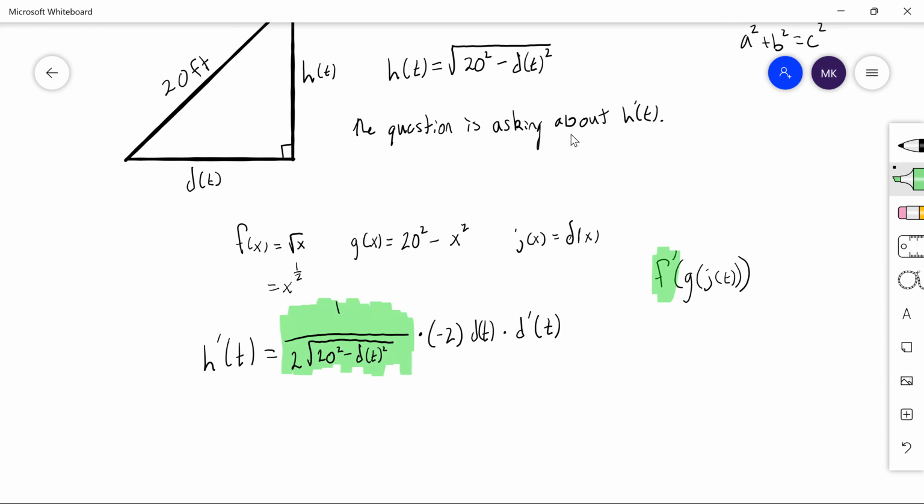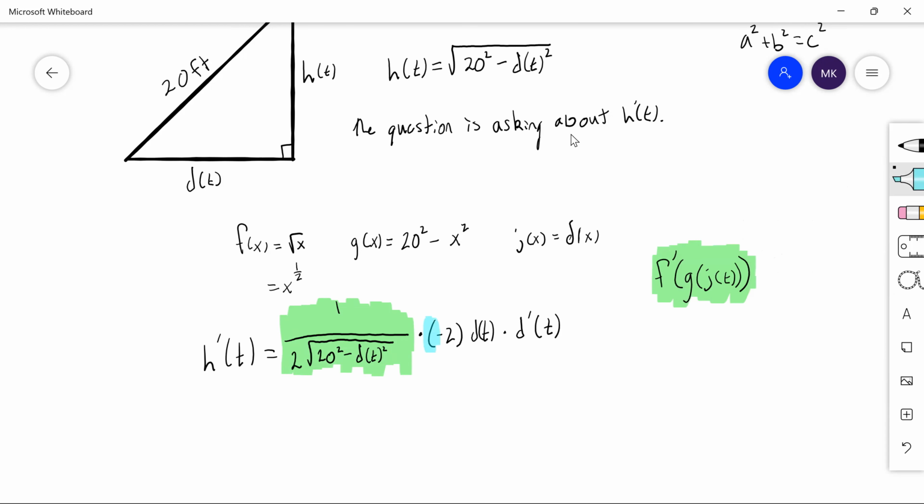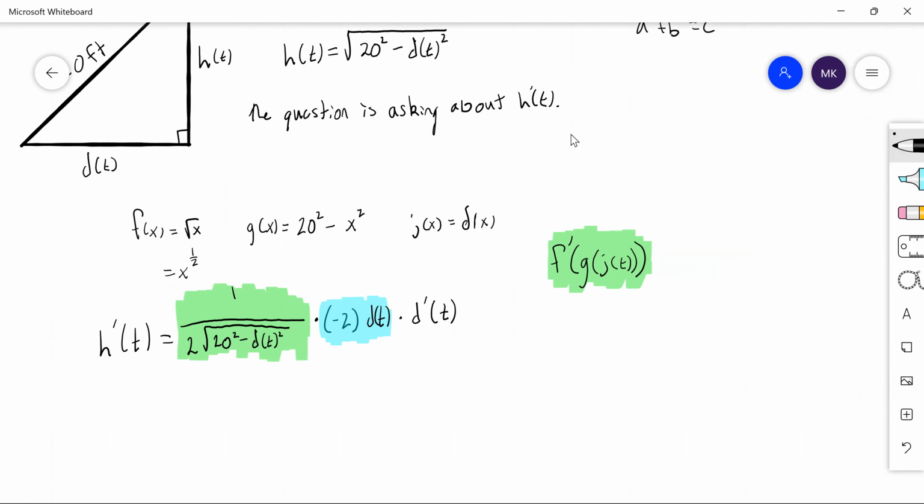Then this is g prime of j of t. Multiply.